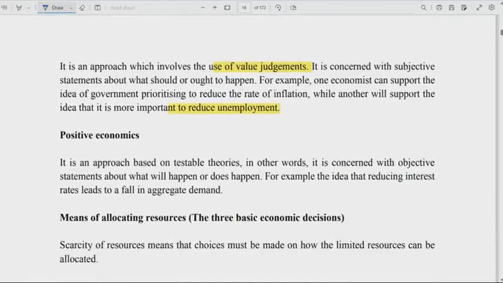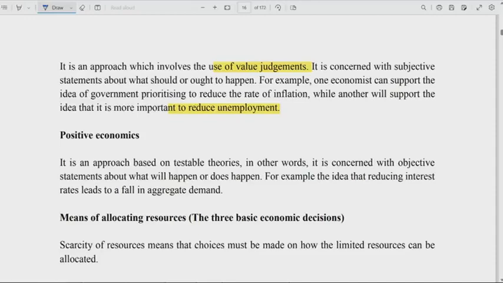Then while positive is to do with testable theories, the theory has been tested. It is what it is, right? So in other words, it is concerned with objective statements. So it's based on something being objective. It is what it is, right? So what will happen if this happens?